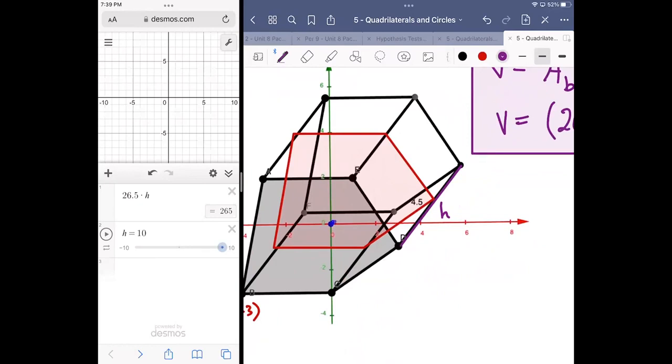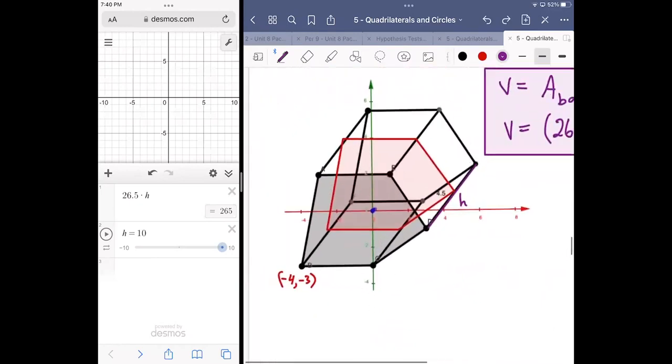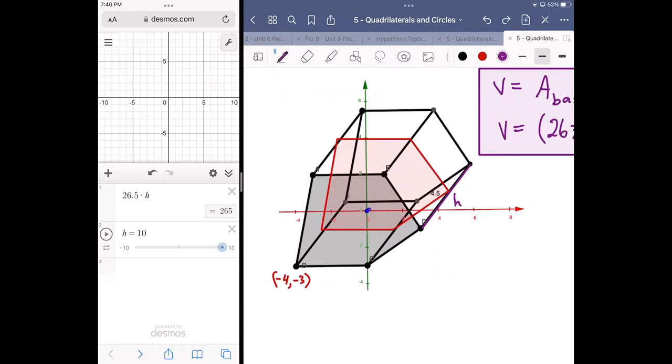Honestly, that could be the height of this line segment, in which case instead of using 5, I would use 4.5. But I think I might have just accidentally put that in there. Okay. Yeah, that was a label from GeoGebra that I meant to delete. So just kind of pretend it's not there. Okay.